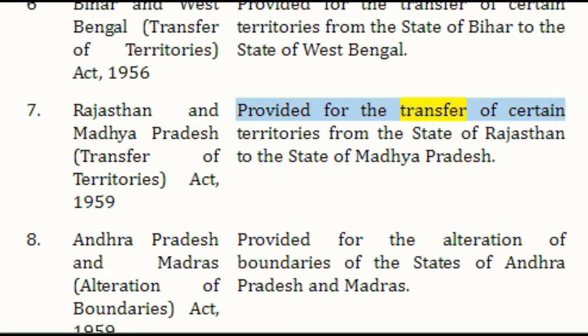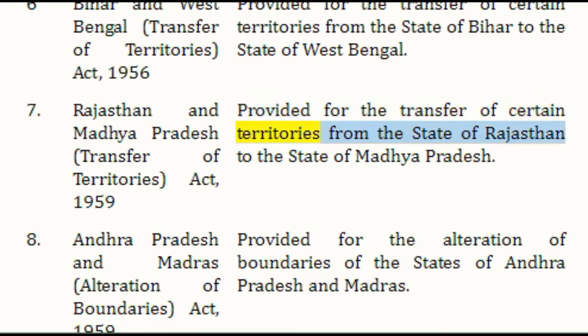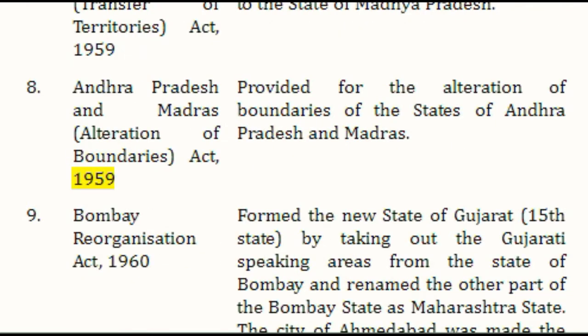Provided for the transfer of certain territories from the state of Rajasthan to the state of Madhya Pradesh. 8. Andhra Pradesh and Madras, Alteration of Boundaries, Act 1959. Provided for the alteration of boundaries of the states of Andhra Pradesh and Madras. 9. Bombay Reorganization Act, 1960.